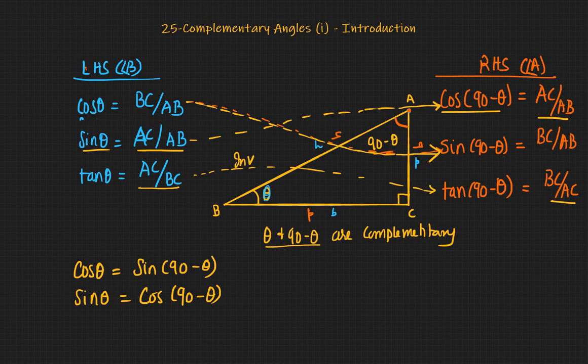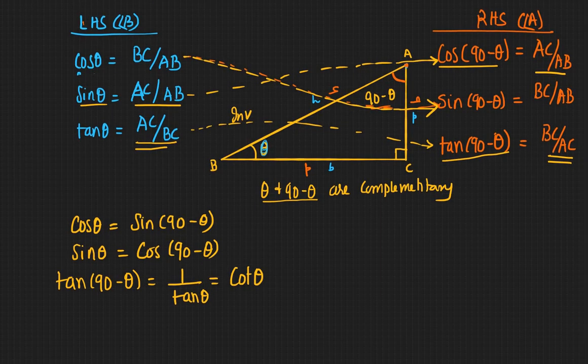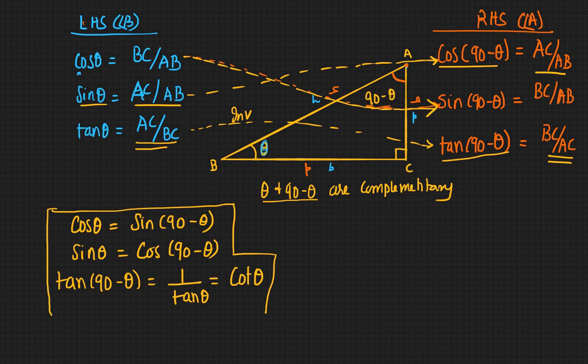And we can write tan of 90 minus theta would be equal to 1 by tan theta, because we can see that this and this are inverse, which is nothing but cot theta. So this is the relationship that we have established between cos, sine and tan.